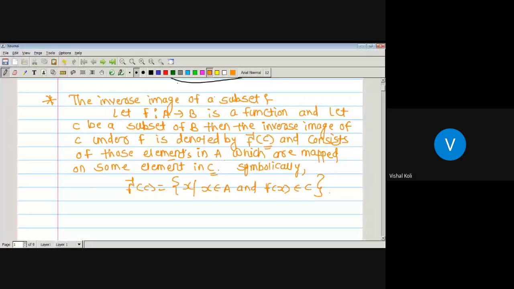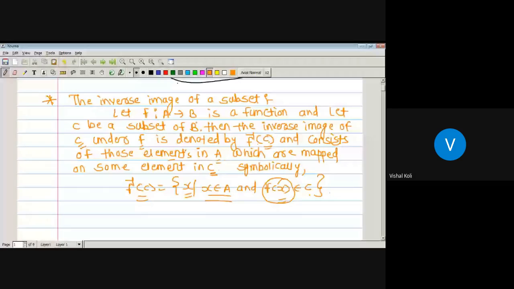That is, if f is a function from A to B, then we consider one subset C of B, such that the inverse image of this subset C under the function f, denoted by f to the power minus 1 of C, consists of those elements of capital A which are mapped on some element in C. Symbolically, f inverse of C contains all those elements of domain A such that f of x is belonging to C.